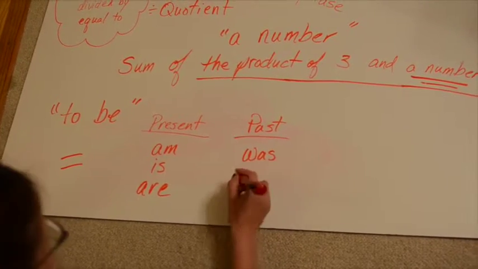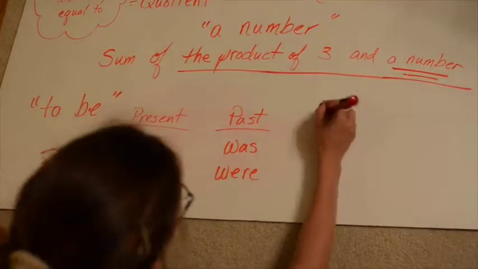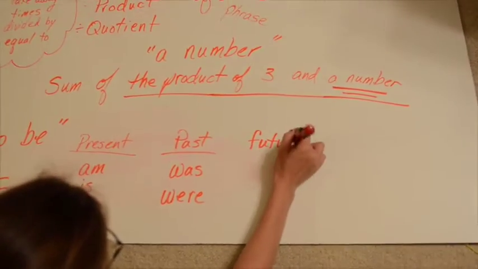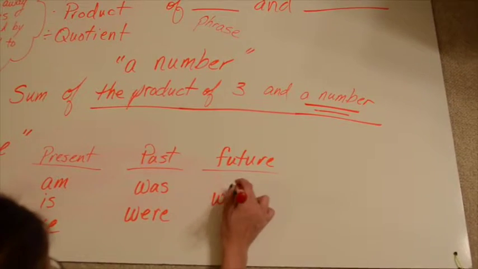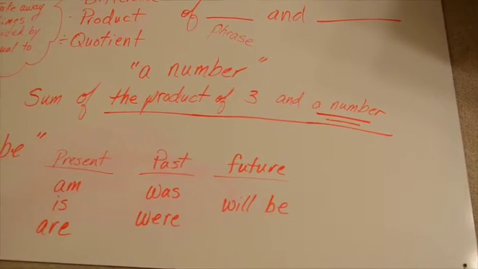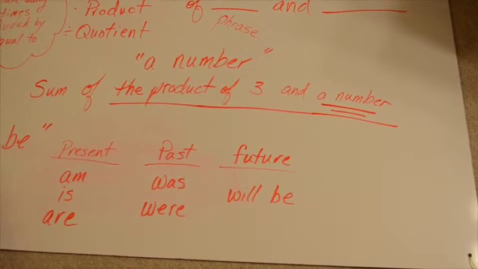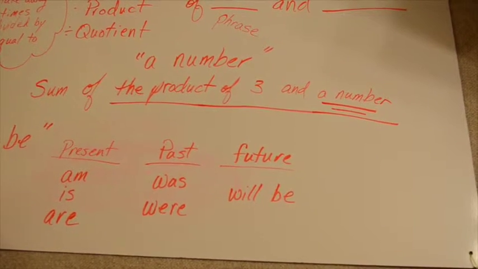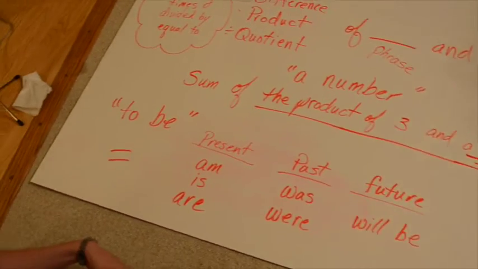Was for plural. They were. And of course, it can also be talking about something that will be true in the future. And there's our verb, will be. Lots of items here that go with our symbol, equal sign, that could be translated into any of your sentences when you're doing algebra.